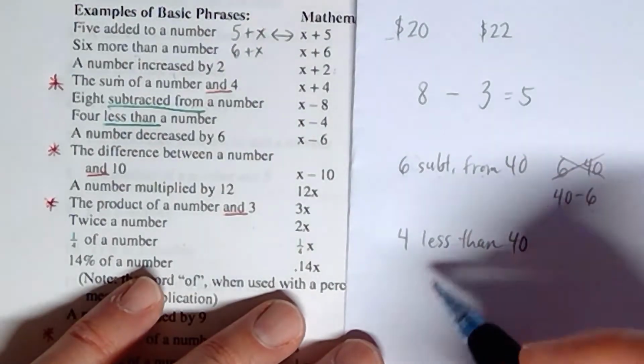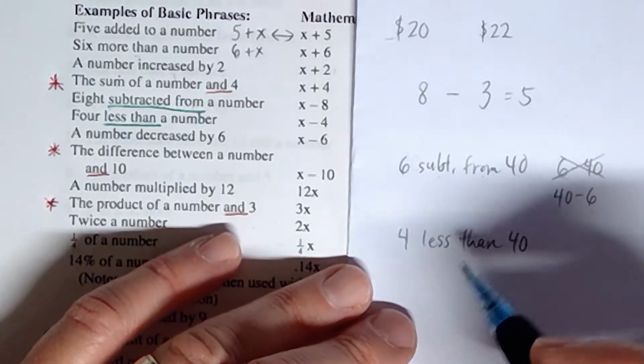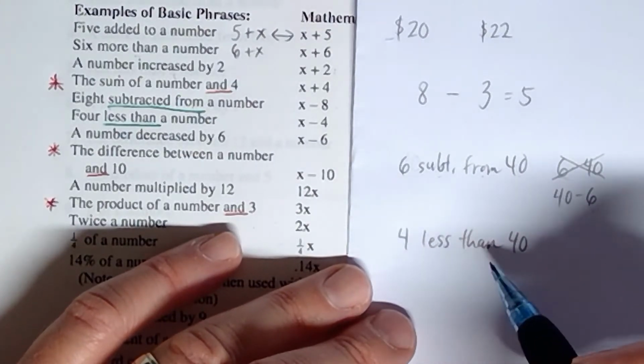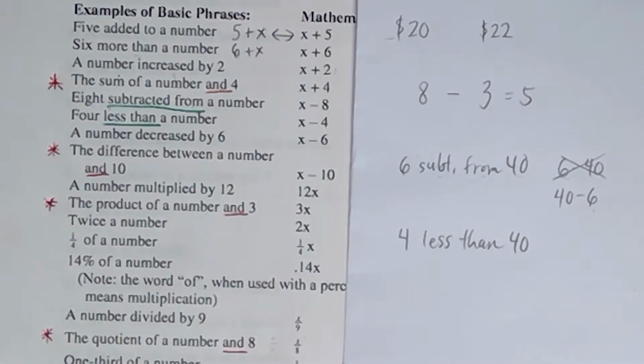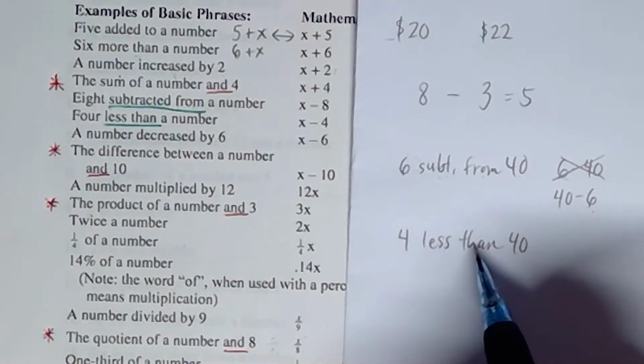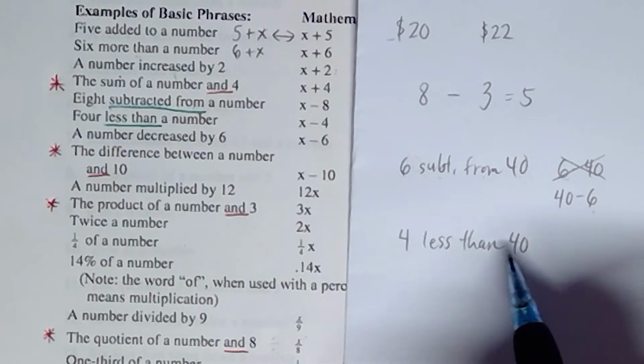And does that mean that he's making 4 minus 40? We know that less than means subtraction, but does it mean 4 minus 40, or do we need to reverse that one around too? Well, you tell me, at least in your mind, of course.